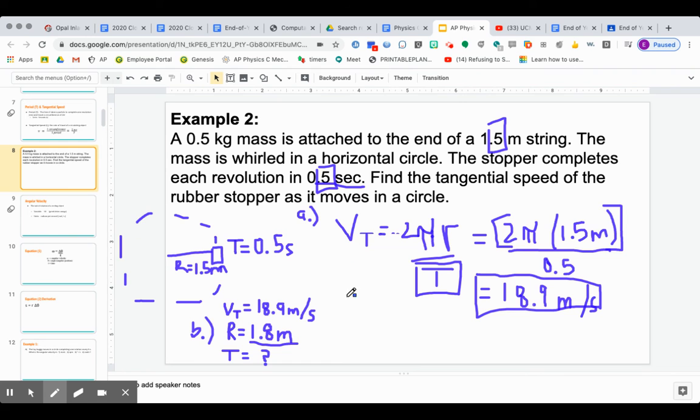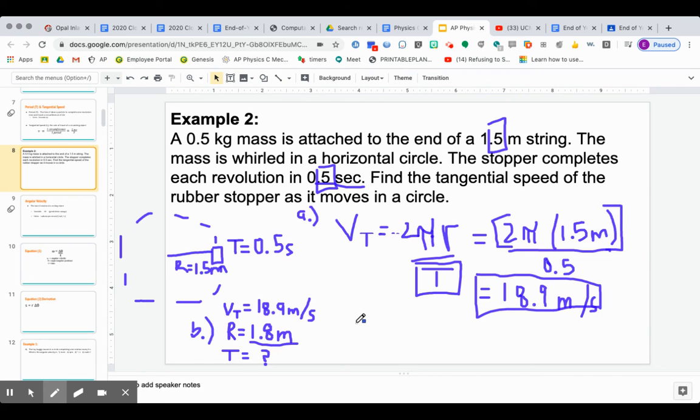So we're going to take the same equation here. Tangential velocity equals 2 times pi times the radius divided by the period. And this time we're going to solve for the new period now that the radius of the circle, aka the length of the string, has increased.